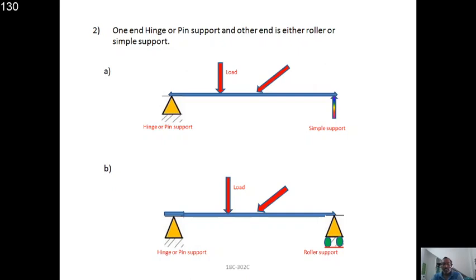In that condition, we can load inclined loads and horizontal loads also. So I can place a horizontal load here, and at this point also I can place one.